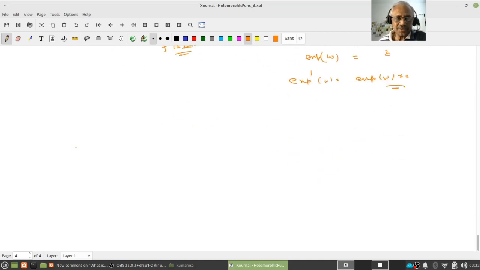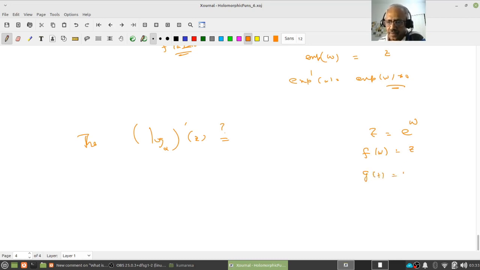Now, what is the next question? What is the derivative? By the last theorem, we know the derivative of log alpha at any z is equal to what? Suppose z is e power w. That is, f of w is z, that is g of z is w.